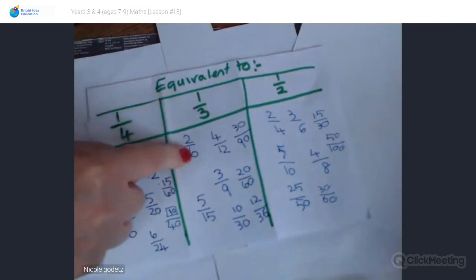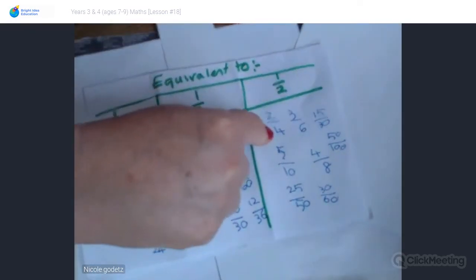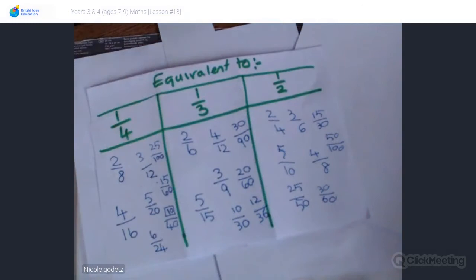The denominator has to be 3 times bigger. The denominator has to be twice as big. The ratio is always the same. Whatever you divide the denominator by, you have to divide the numerator by the same thing. Now that's for unit fractions. It is exactly the same for non-unit fractions.